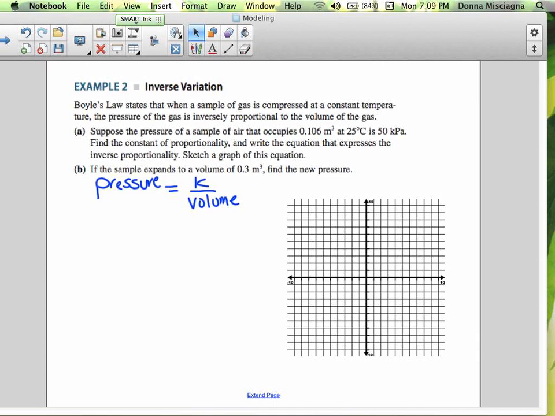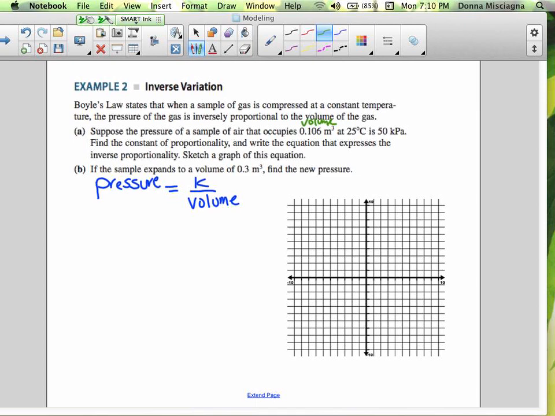Suppose the pressure of the sample of air that occupies 0.106 meters cubed at 25 degrees Celsius is 50 kPa. So that's just the unit for the pressure. Notice this is a measure of volume. Cubic measure is volume.